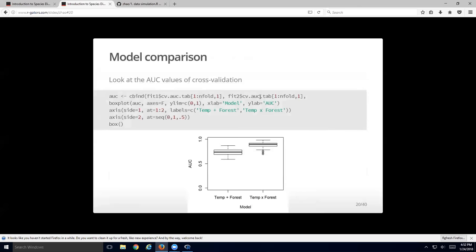This will give you the AUC value for the interactive model. So fit2, for example, is the output of the second model, and with this dollar sign you can take out one of the outputs in fit2. I pull them together, called AUC. Then I use a box plot to create this box plot with some options. But the idea is just to create this box plot.